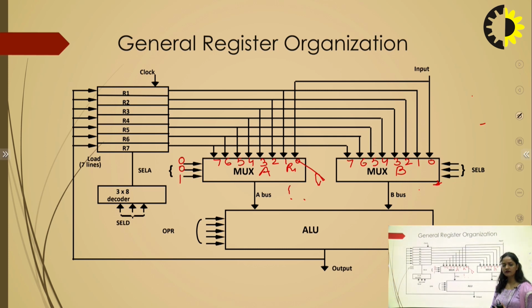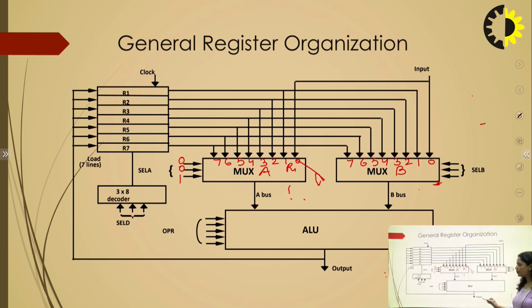These bits define which kind of operation is performed in the ALU, either addition, multiplication or another arithmetic operation. And we get the output accordingly.